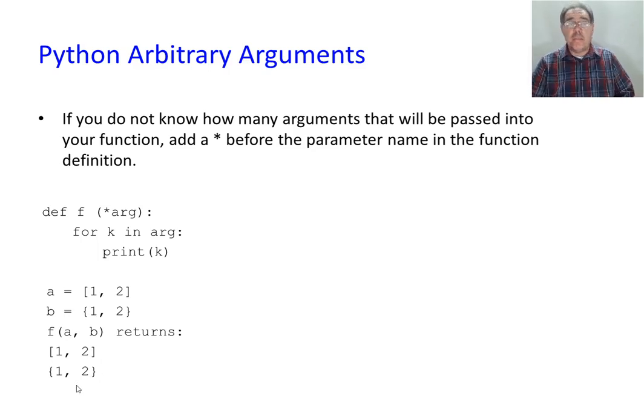So if you don't know the number of arguments that you have, then you put a star and you can give it any number of arguments, but make sure that you loop over these arguments. Use for k in this parameter name, and then you can process everything, whatever you want, in the function.